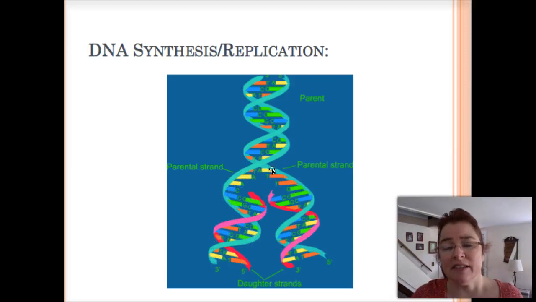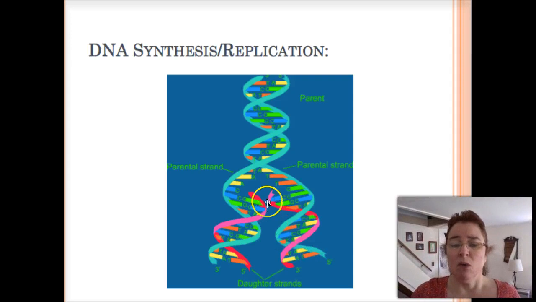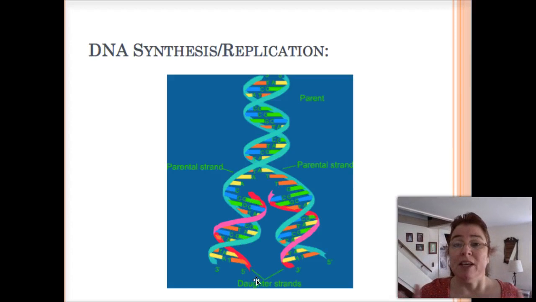The light teal colored DNA of the parent cell has separated into two individual strands. Now, where you see this reddish pink strand of DNA forming, that's a brand new strand of DNA. And it's being made to be complementary to the original strand of DNA.